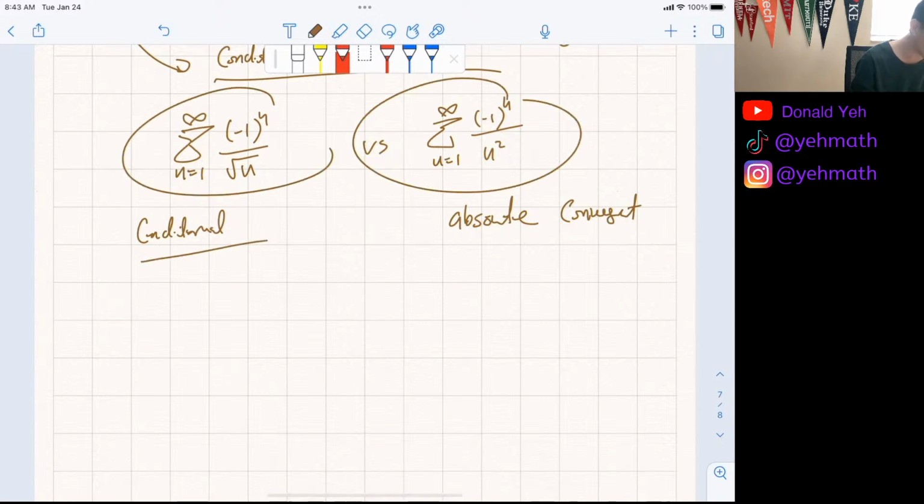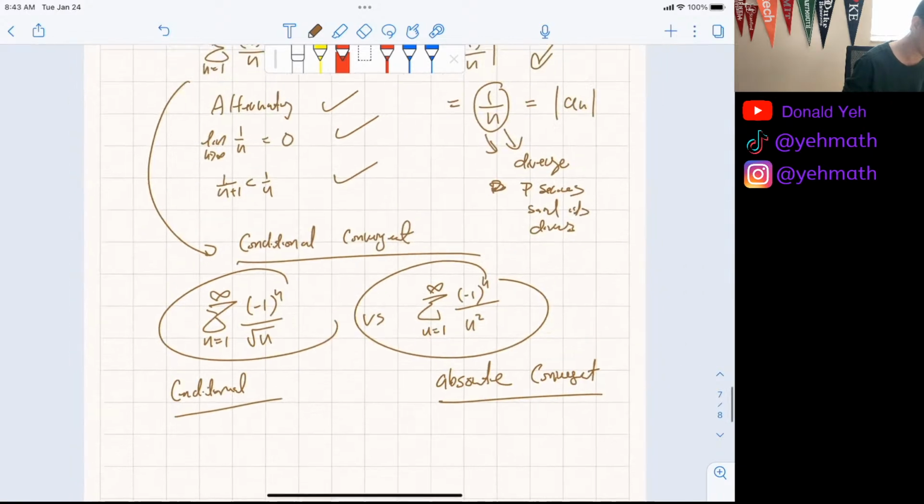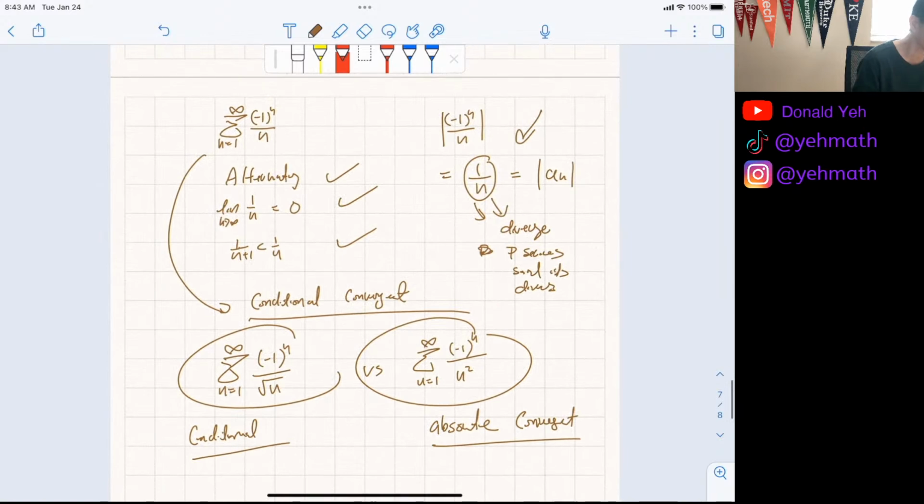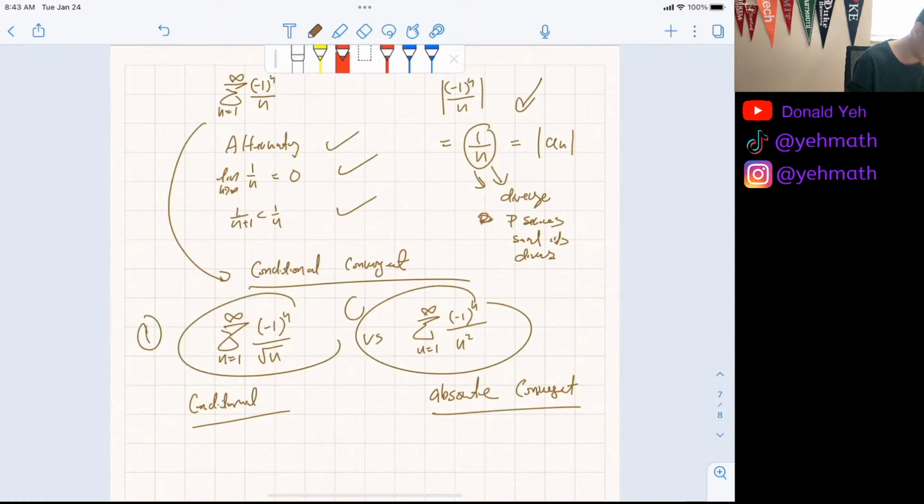So one is conditional, one is absolute. There are two problems, a 1 and a 2.